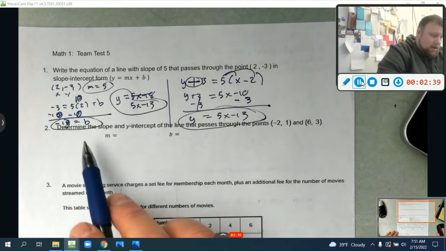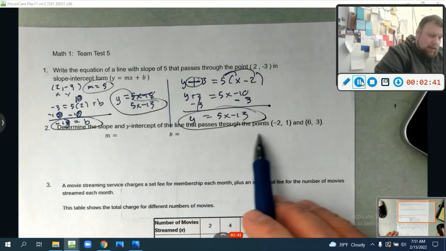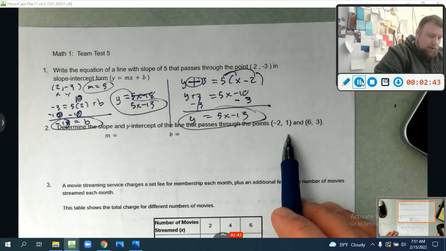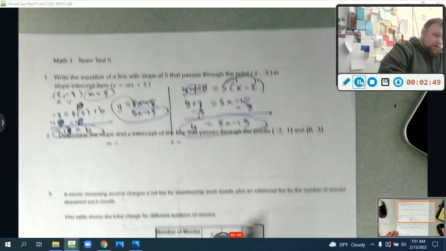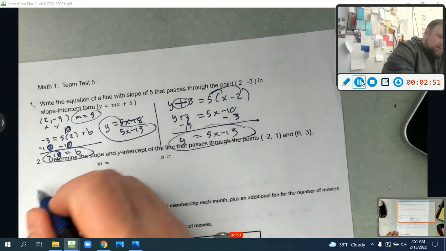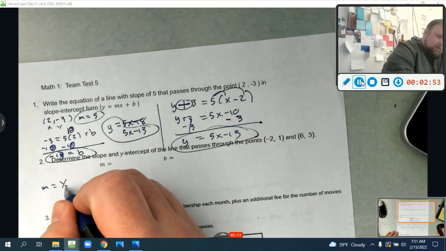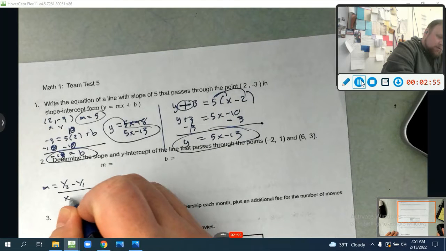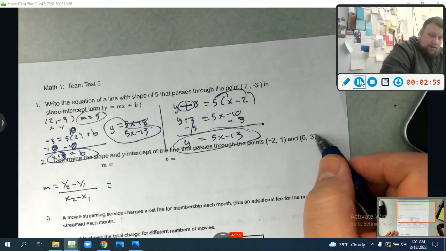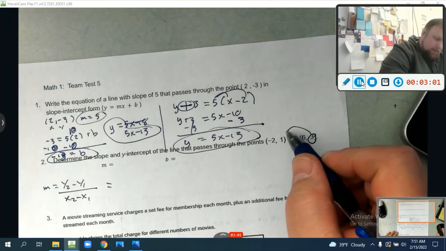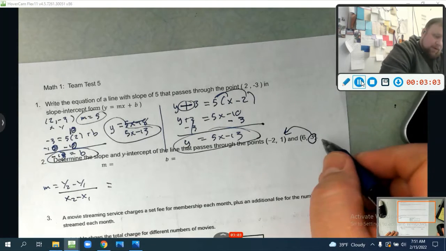All right. Determine the slope and y-intercept of the line that passes through -2, 1, and 6, 3. Okay. So first, to get the slope, my m is equal to y2 minus y1 over x2 minus x1. But at the end of the day, you want to know what I just do? I just circle my first y value and point it back to my next one, my second y value and point it back to my first one.